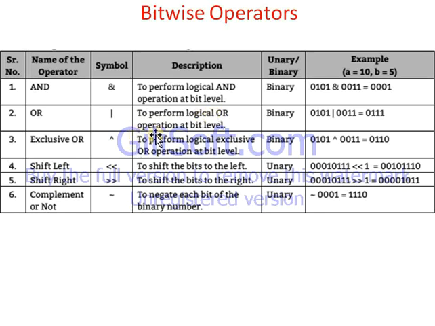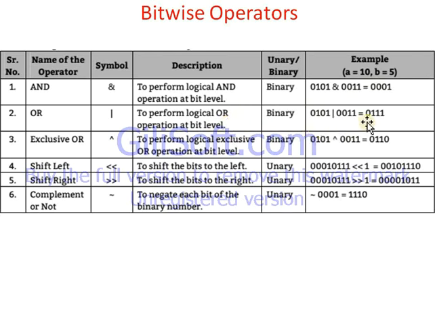Means if both bits are 1, then the result will be 1, otherwise the result will be 0. Here is A's binary form, here is B's binary form, and the AND operation of A and B's result is here.